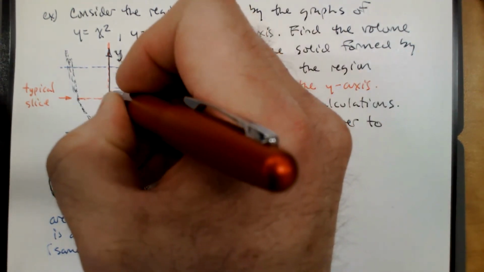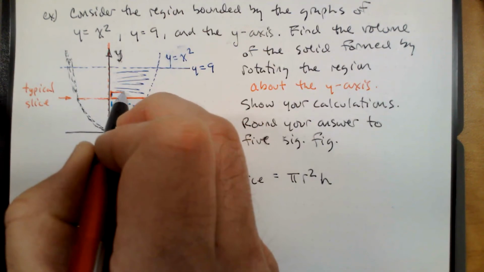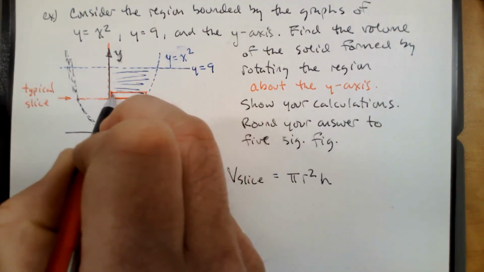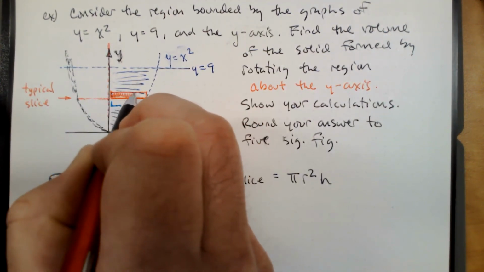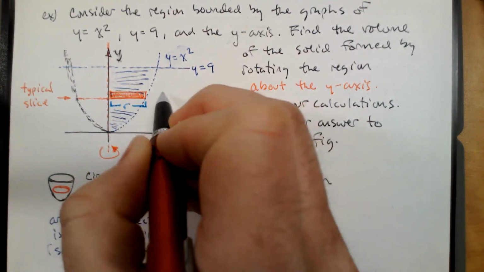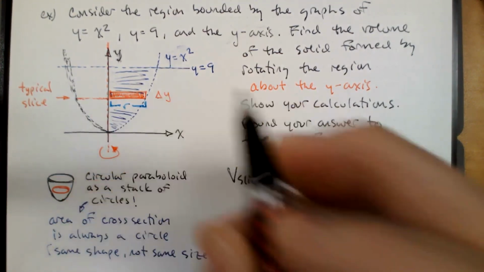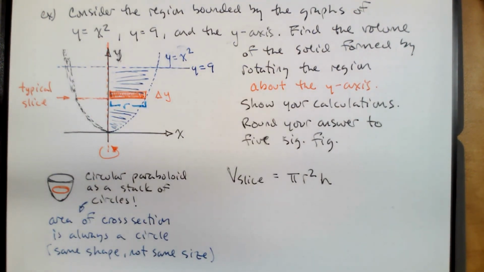So our typical slice, the height of this typical slice is delta y, with some change vertically. So that delta y is going to be the height.